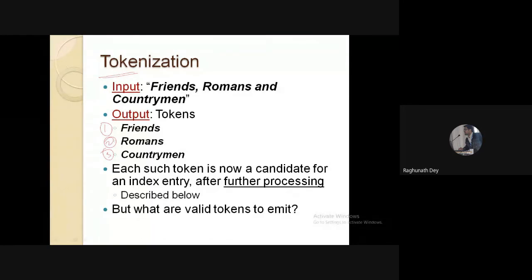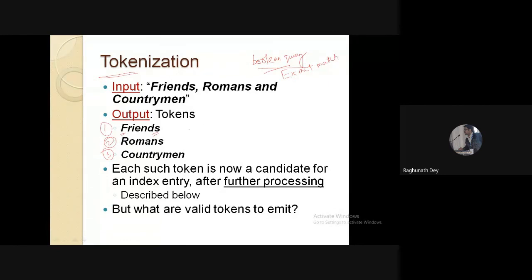These are all candidate words or candidate terms for my indexing system. But this is not enough, because you have written F in capital letter and in plural form in your indexing system. What we have learned till now is the Boolean query, which means exact search, exact match. Yes or no?